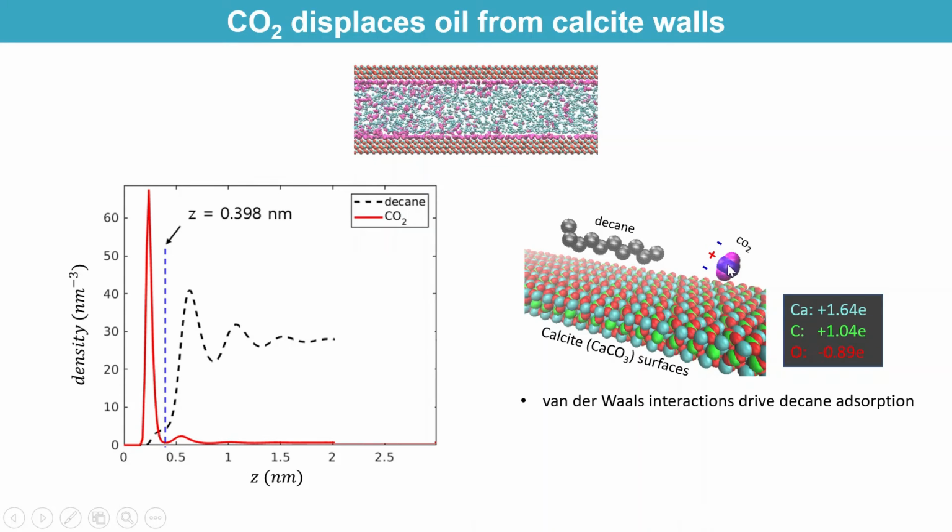And remember, the carbon atom is a little bit further away from this positively charged site. Because of this, the electrostatic interaction really drives the CO2 adsorption. And because electrostatic interactions are much stronger compared to van der Waals interactions, the CO2 molecules can outcompete the decane for the surface area of calcite. This leads to adsorption of CO2 on the surface and displacement of decane from the wall.